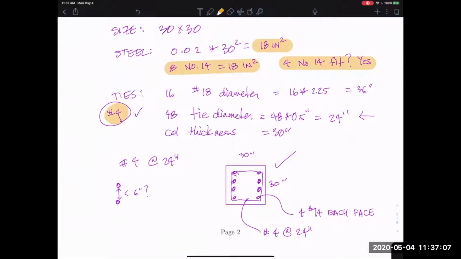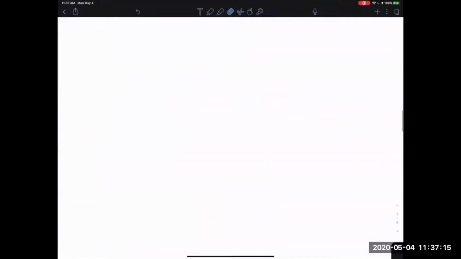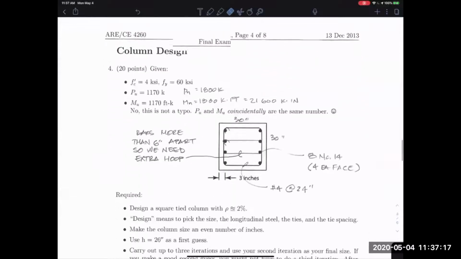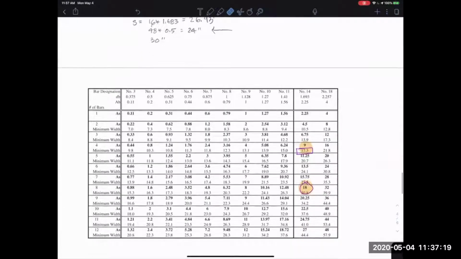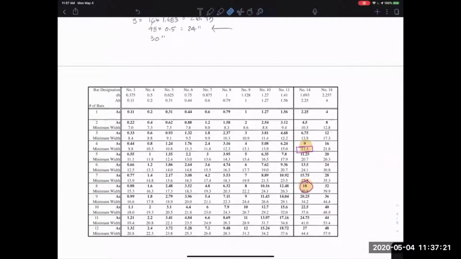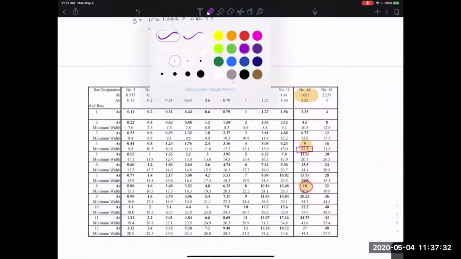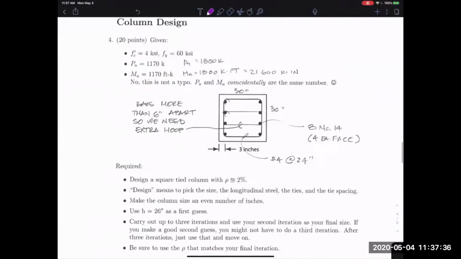And this is wrong here. So the diameter of a number 14 is, here we go, 1.693 inches. Okay, 1.693, I remember that.